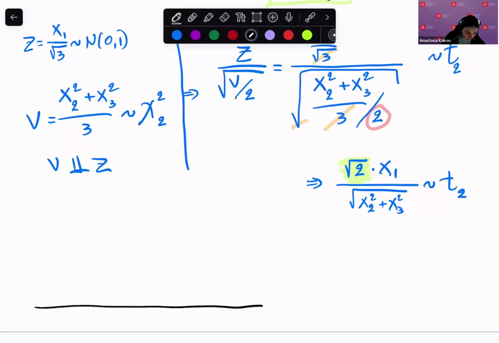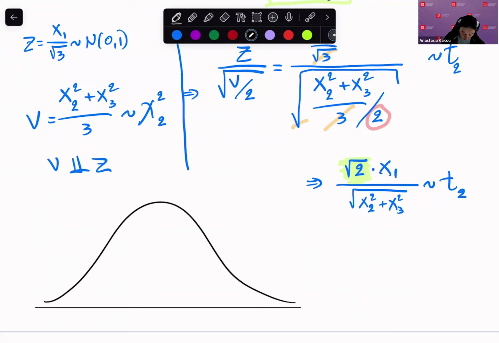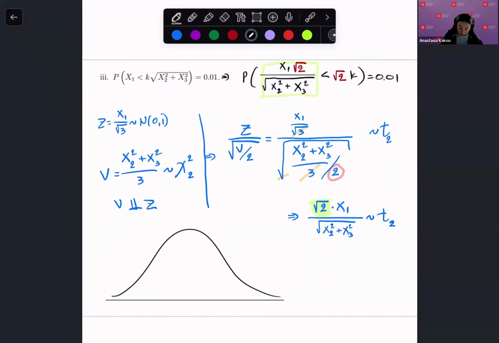Okay, so the t is, as we know, symmetric, and we need a cumulative probability that is equal to 0.01, which means that it's on the left-hand side. So that area here will be the 0.01. The way to find it, depending on what table you have, is to look at the symmetric of that.